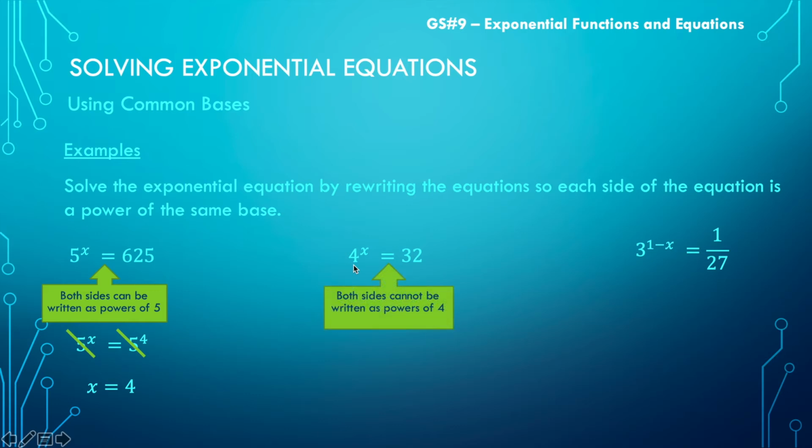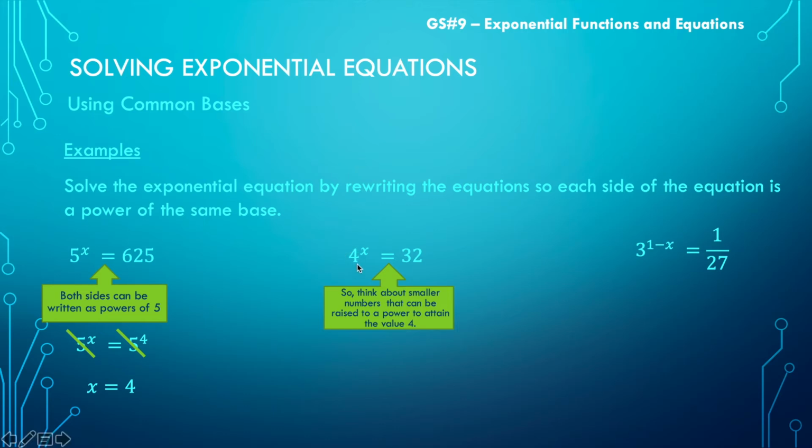In this case, no, both sides cannot be written as a power of 4. So we want to look at that 4 a little further and think, what smaller numbers can be raised to a power to actually get us the value of 4? If you said 2, you'd be right, because 4 is really 2 squared.